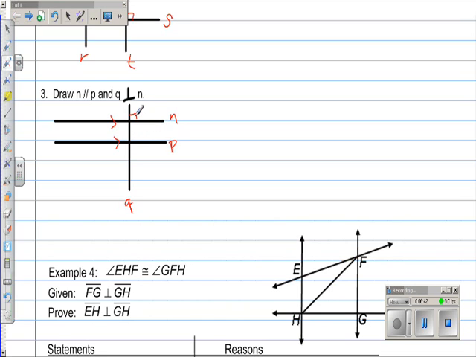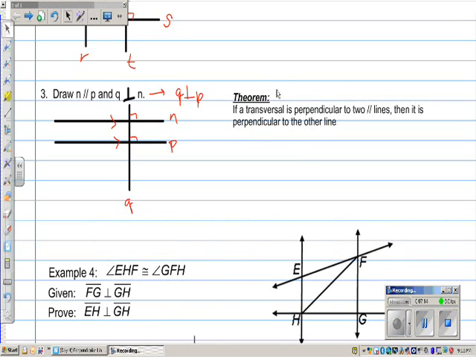If N and P are parallel, then this angle is a corresponding angle with this one, and if lines are parallel, then corresponding angles are congruent, so this must also be a right angle. So this tells us that if a transversal is perpendicular to one of two parallel lines, then it is perpendicular to the other line. So we know that Q is perpendicular to P. Again, this would be your reason. This is under your perpendicular transversal theorem on your theorems list.